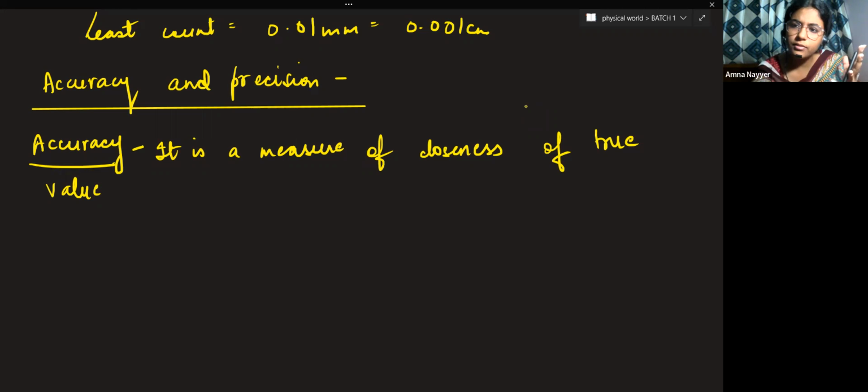He is close enough. 9.9 centimeters and 10 centimeters are close enough to each other. So that 10 centimeters becomes my true value. Value means the actual measurement. So accuracy is a measure of closeness of the true value and the measured value.